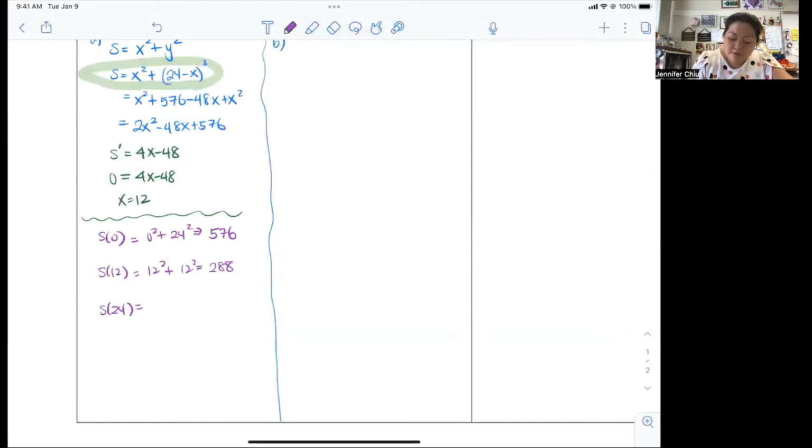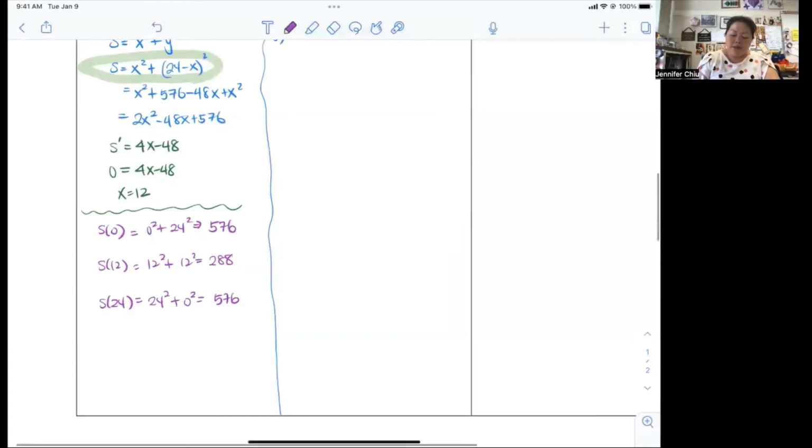If I plug in 24, I get 24 squared plus 0 squared, which is 576. It works out perfectly because if one of my numbers is 0, the other must be 24, and that's why those two gave me the exact same answer. And if one of my numbers is 12, the other one must be 12 because 12 plus 12 equals 24.